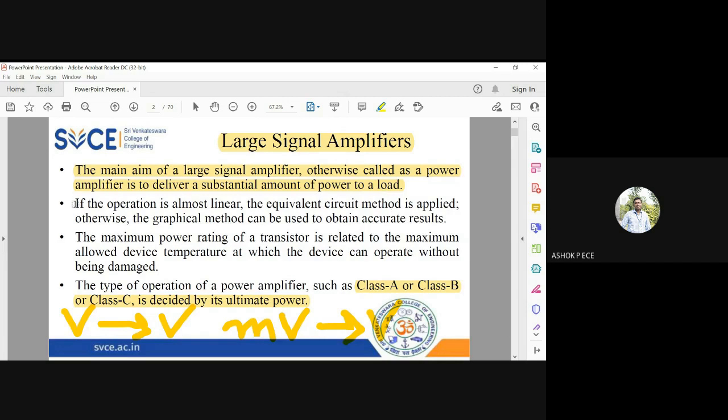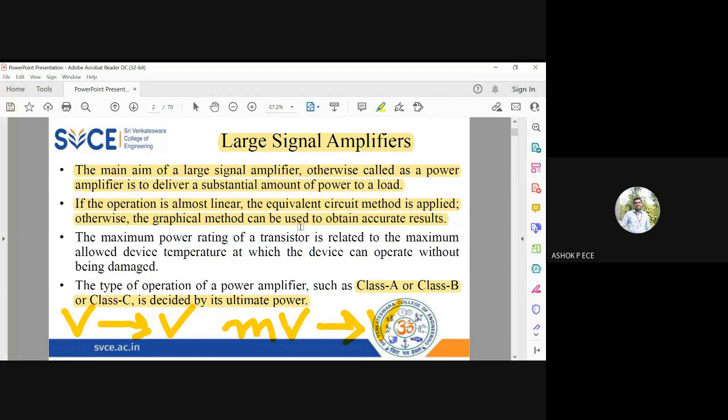Okay, so you know the basics of the Q point and everything. Since we are focusing on getting enormous power, we would be operating the device in the non-linear region. Except for class A, all other amplifiers will not have the Q point exactly at the center of the load line.